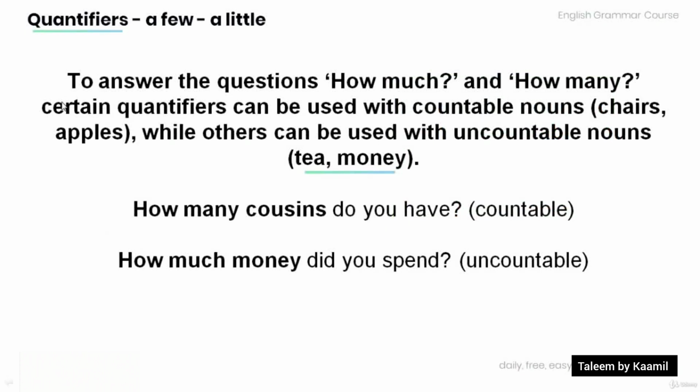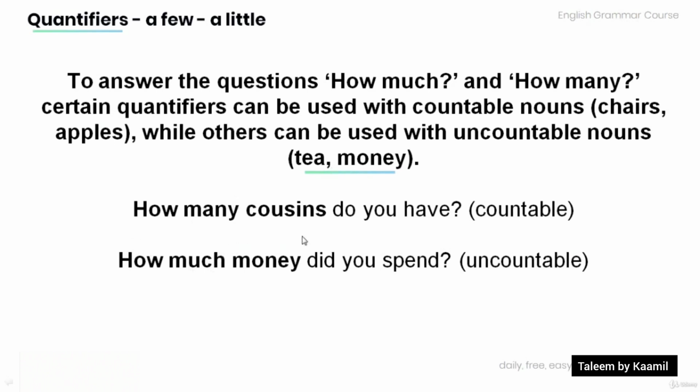Now, to answer the questions how much and how many, certain quantifiers can be used with countable nouns such as chairs and apples, while others can be used with uncountable nouns such as tea and money. Have a look at the examples below.